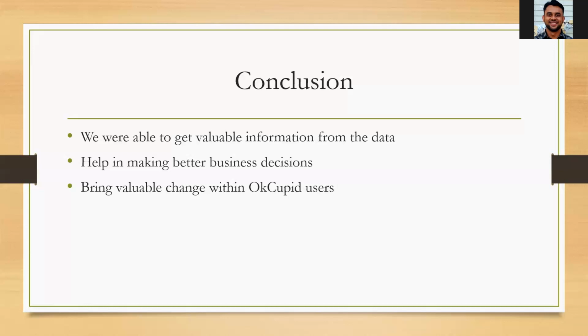So it is something that can be useful going forward. And with that, they can bring valuable change within OkCupid users and within the company itself, based on all the data and the analysis we have provided.